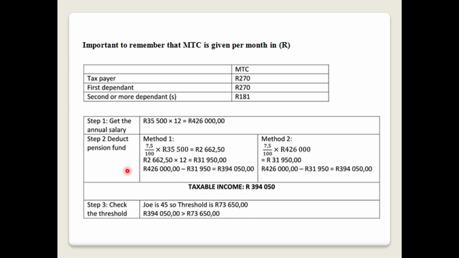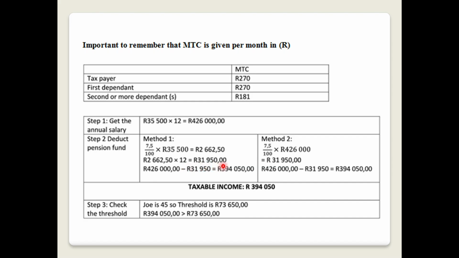How do we know that? They told us that 7.5% was contributed to a pension fund. So now we are going to work out 7.5% of his salary. Then we get 2,662 Rand 50 cents, and we multiply that by 12, and we get 31,950 Rand.